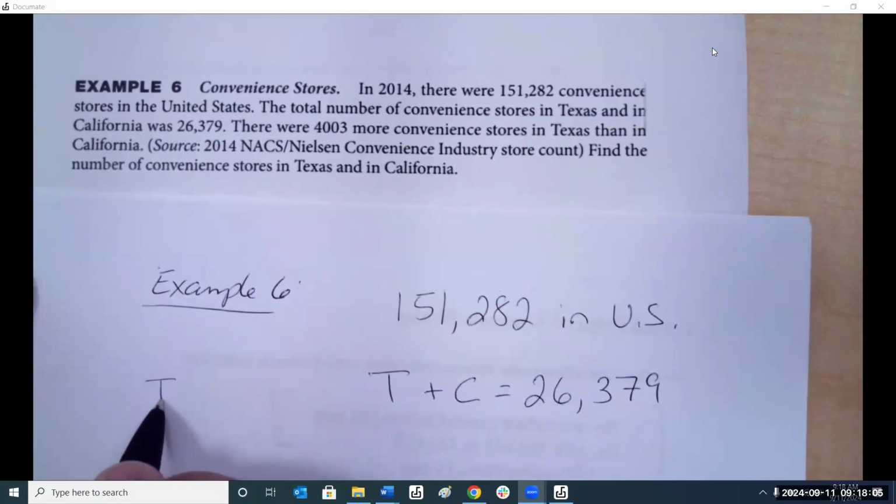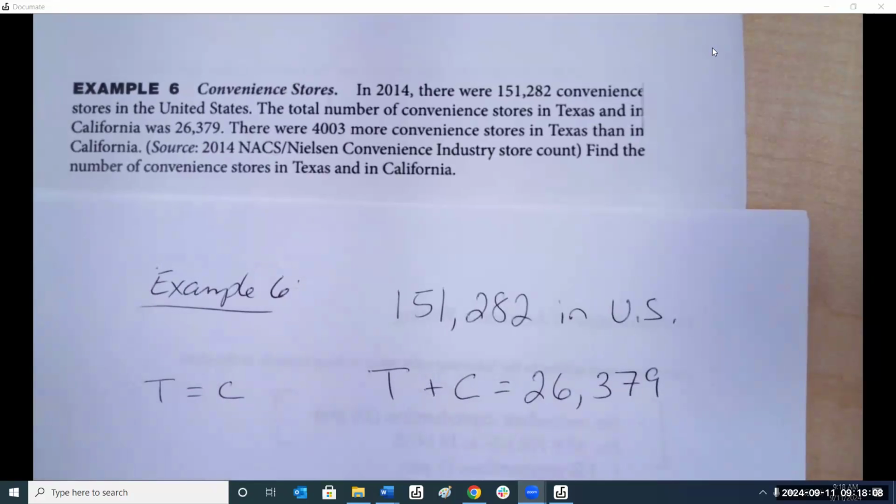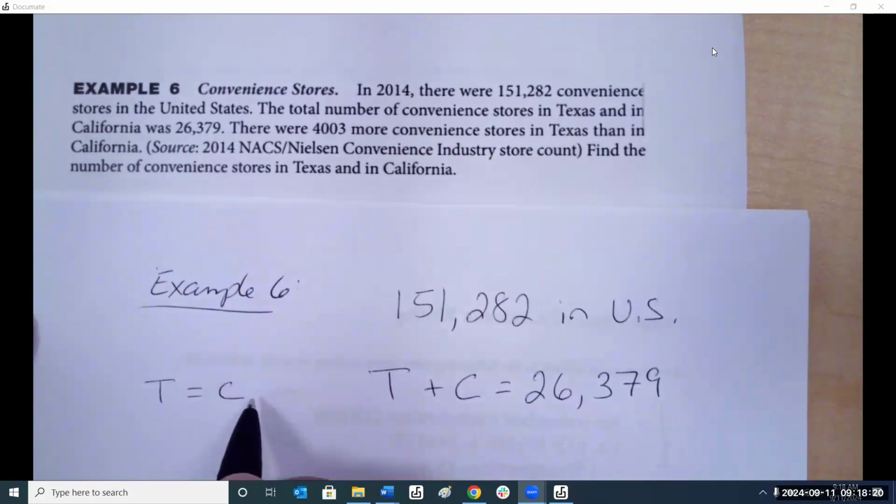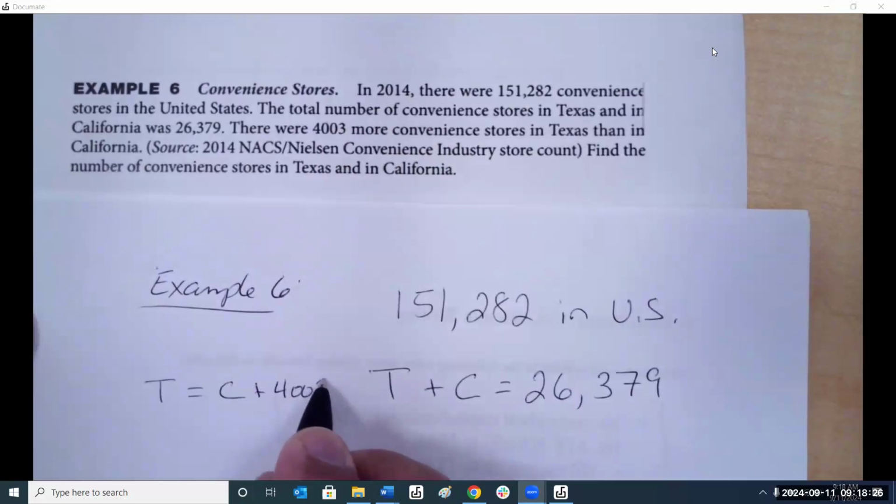What we're looking for is, are they equal? No. Who has more? Texas has more. So what do we have to do to make them equal? How many more stores does Texas have? We have to add 4,003 to California. Now they're equal.